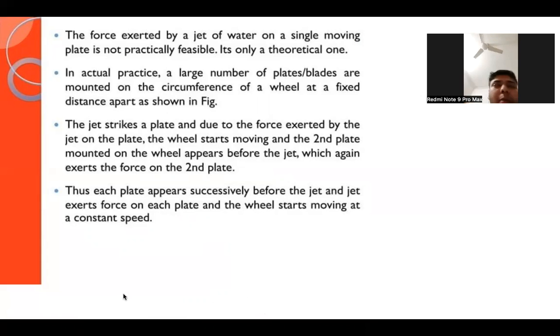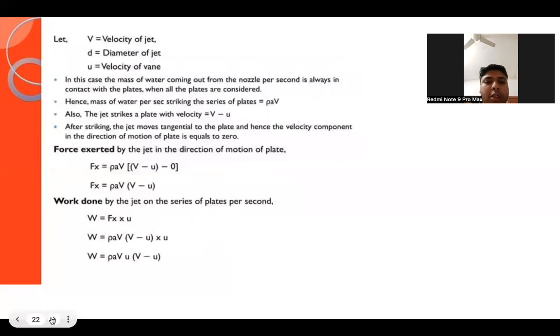Here, as before, we have found the force, which is rho a v into initial velocity, which is V minus U, minus final velocity, that is 0. Work done is force into velocity. Force we have taken to be rho a v into V minus U, and work done comes out to be rho a v U into V minus U.